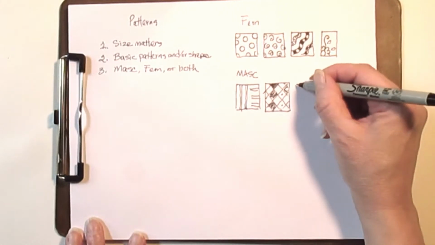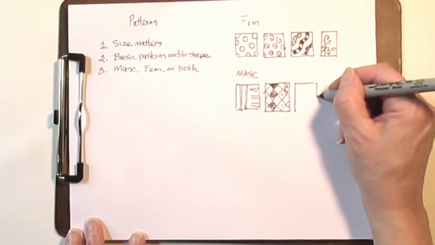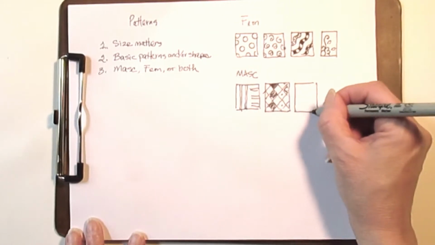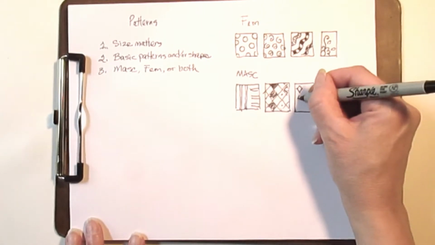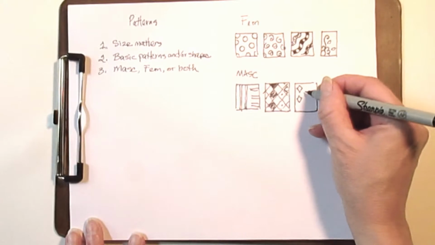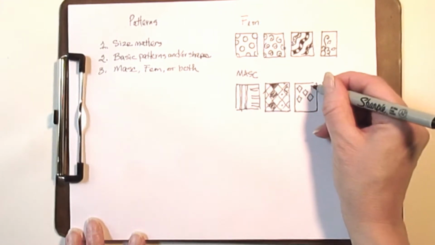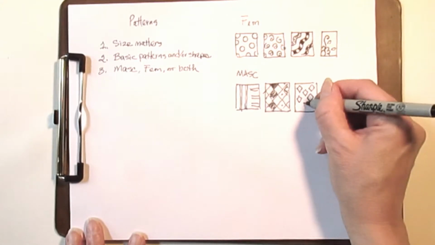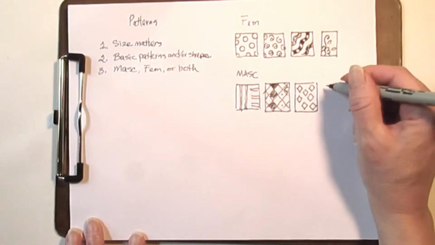And then another example could be a repeating shape, like a diamond. You get the idea.